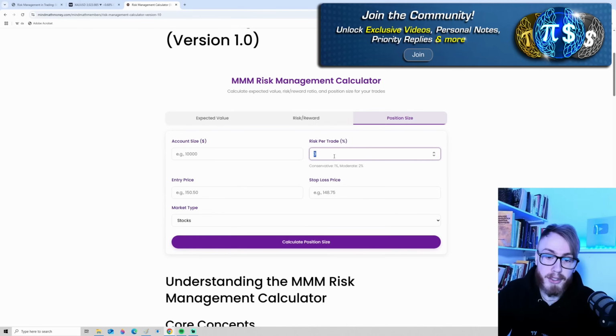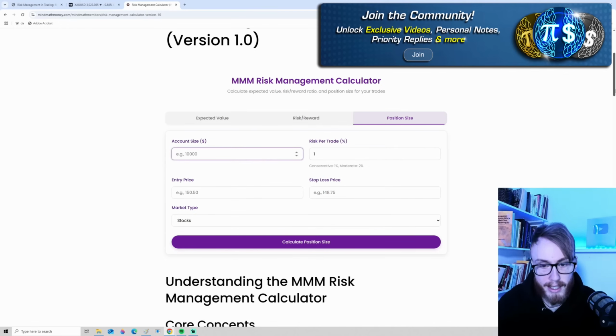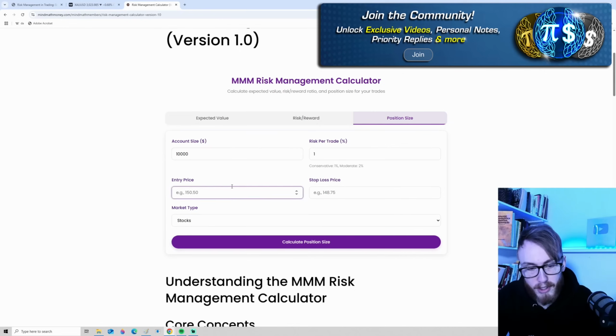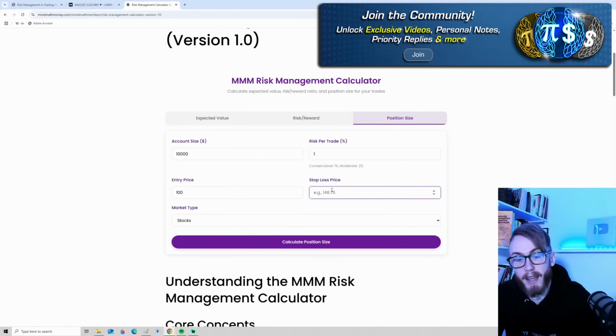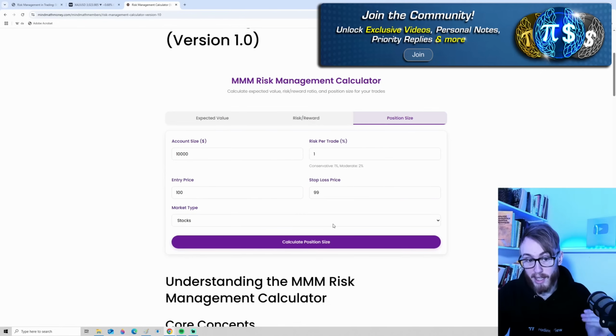To make this clear, let's say we use 1% risk per trade. As for our account size, let's say we have $10,000. To make this a super simple example, let's say that we enter at $100 and we have a stop loss at $99. So the stop loss is $1 down.